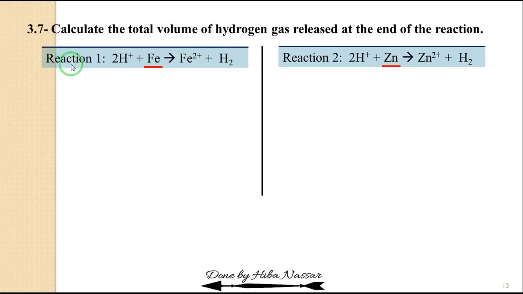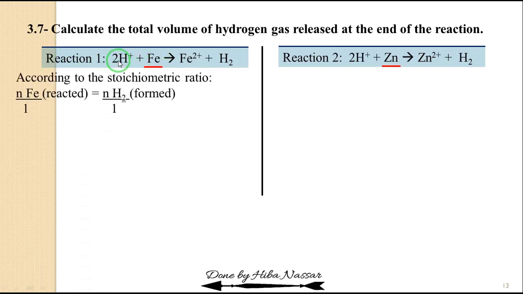So let's start with the first reaction, the reaction between iron and the acidic solution. According to the stoichiometric ratio, the number of moles of iron over 1 reacted equals the number of moles of released hydrogen gas over 1, which is formed. So the number of moles of iron is equal to 3 times 10 to the power minus 3 mole, so it will be equal to the number of moles of hydrogen gas formed only from reaction 1.